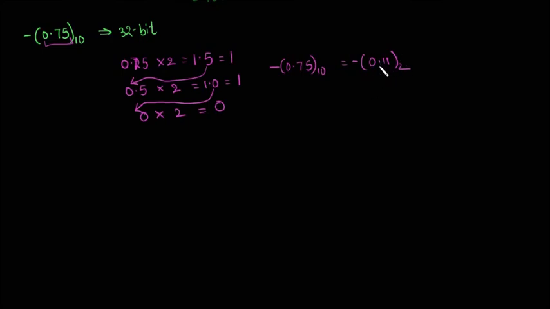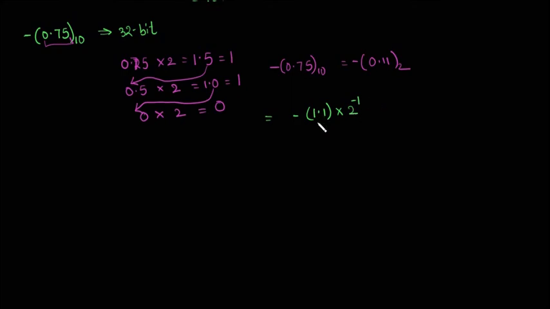Before the binary point there must be a non-zero digit, and there must be no leading zeros. So normalized form is minus 1.1 into 2 power minus 1.